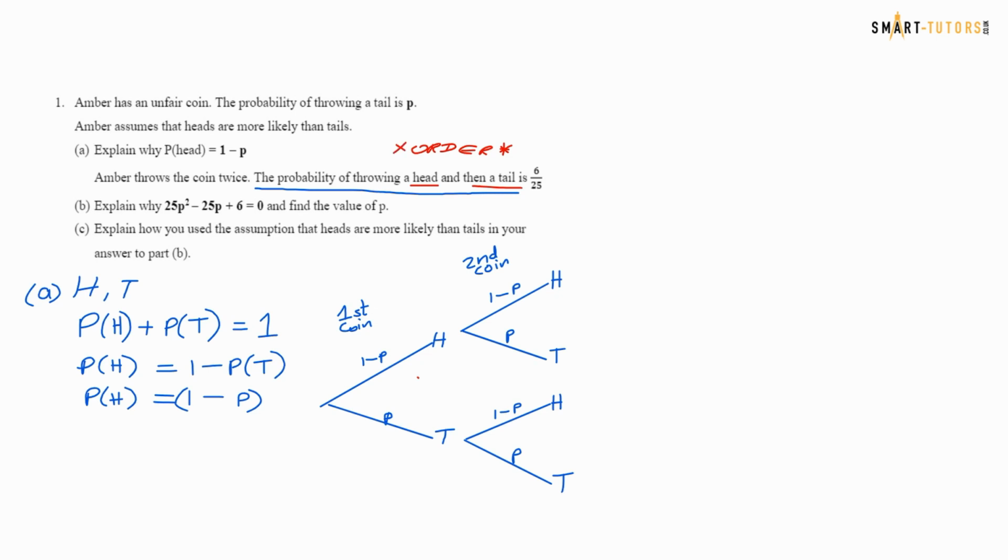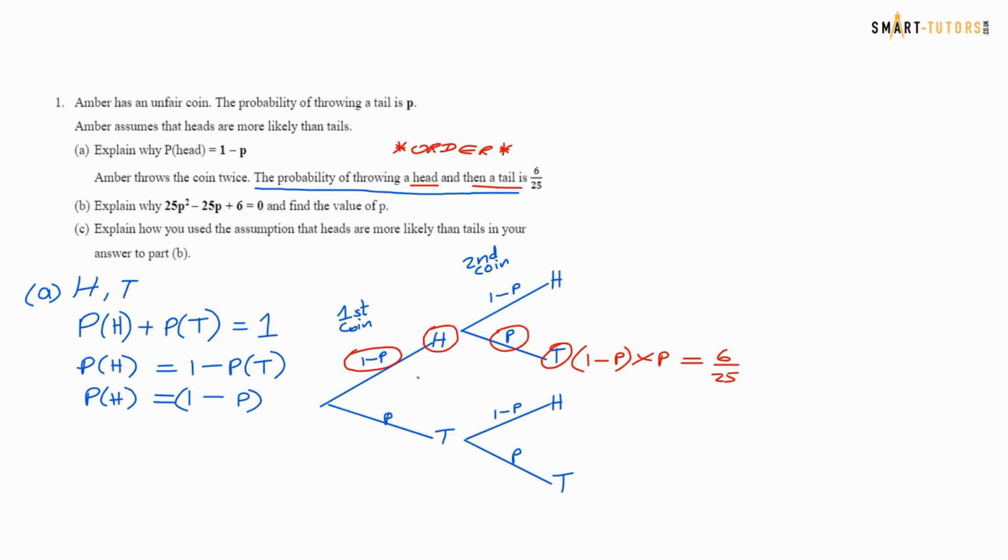So first has to be head, that means this. Then has to be the tail, that means this. So head and a tail is 1 minus P times P. So 1 minus P times P equals 6 upon 25.